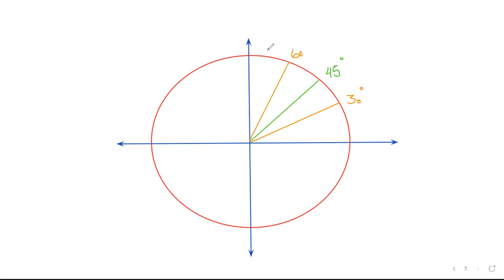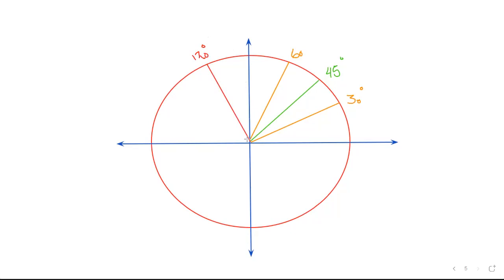And now I'm just going to use the symmetry that we have learned all the time. Now we have 120 degrees. We are just moving by 90 degrees from 45 degrees.